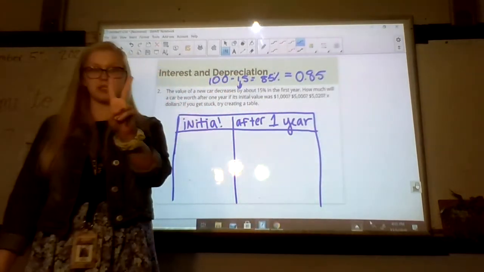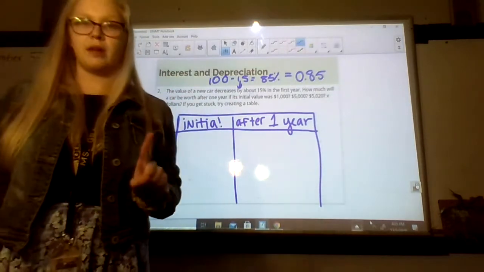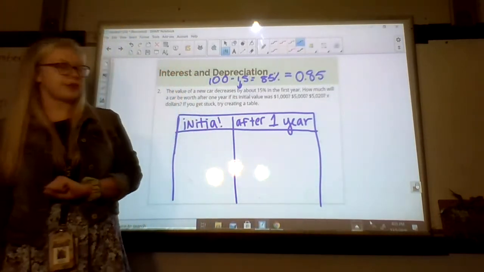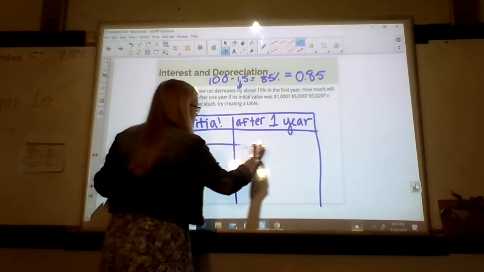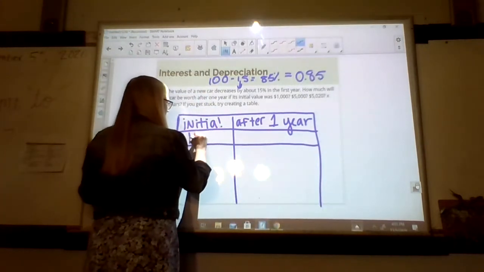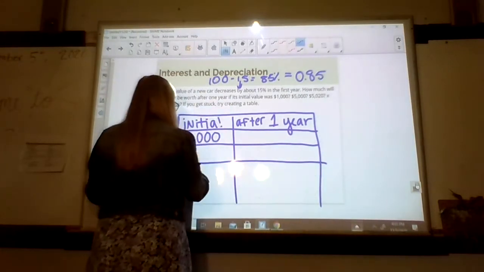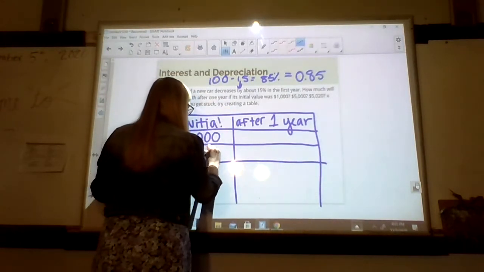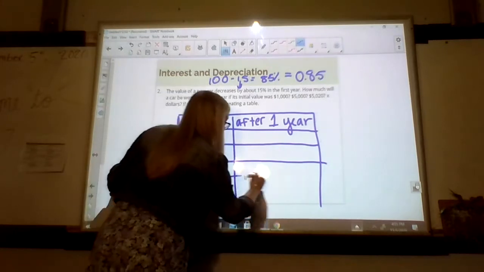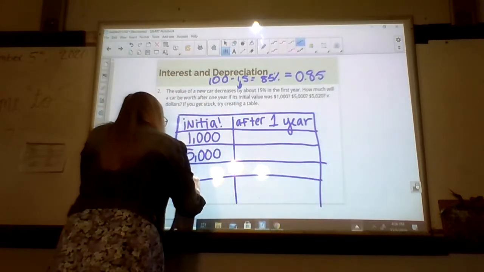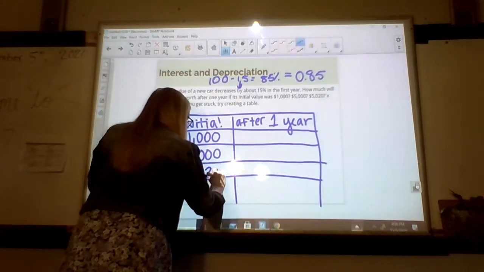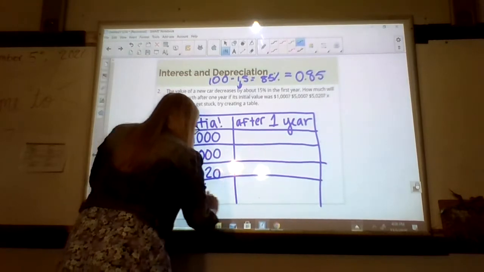So those are the two things we were talking about in this situation. The initial and then the amount after a year. So I'm going to go ahead and enter all my data in. So 1,000, 5,000, 5,020, and X.